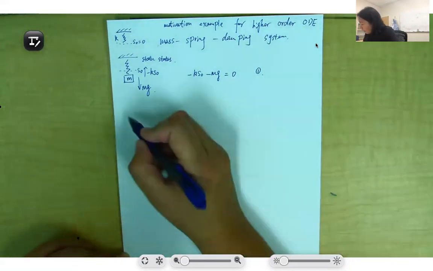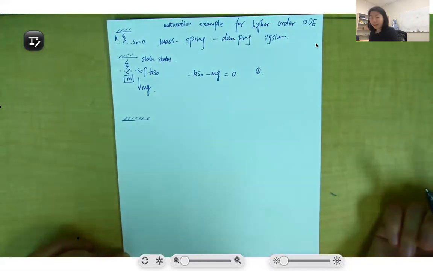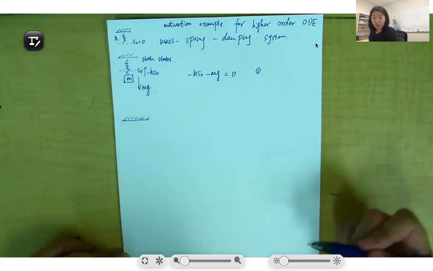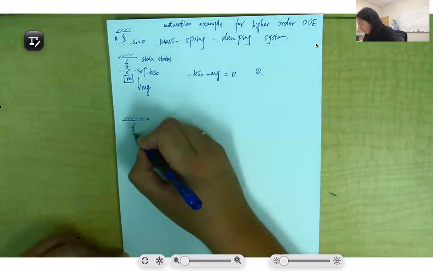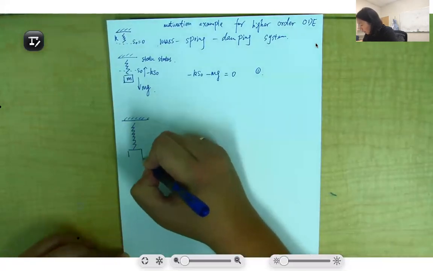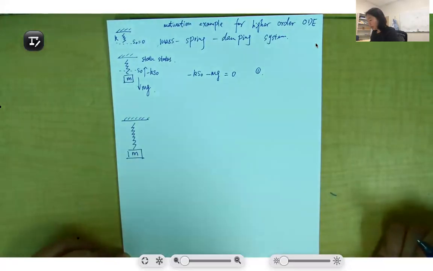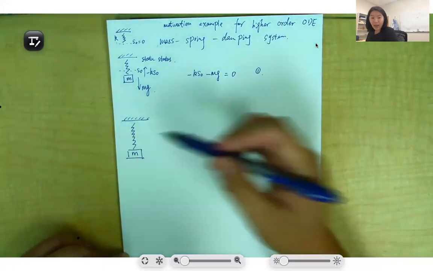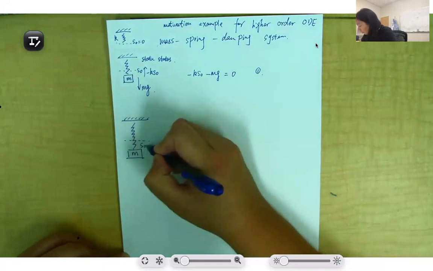Then another system we can consider: what if it's not a static status? What if it already has some motion? So what if it's not just s0? This is still the same subject with mass m, and instead of s0, it's actually adding some more length, which is s0 plus x.